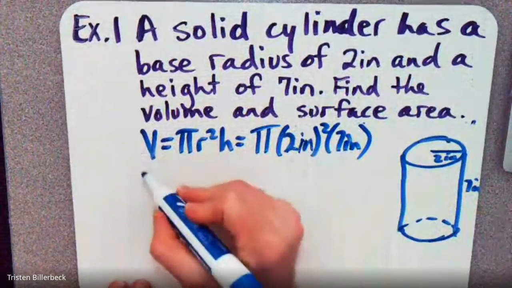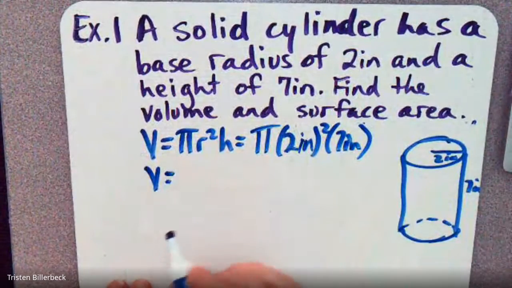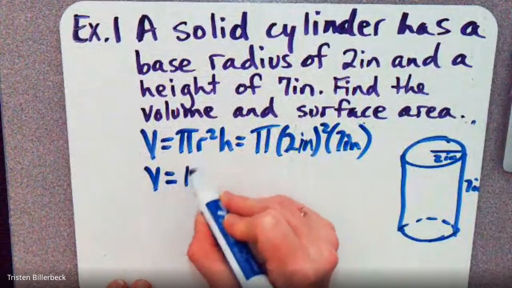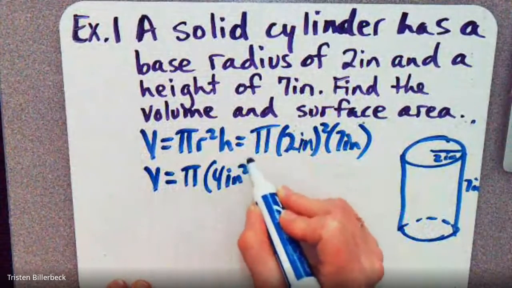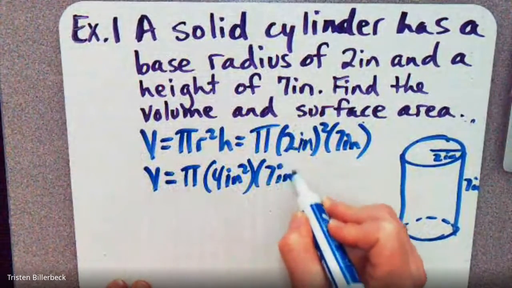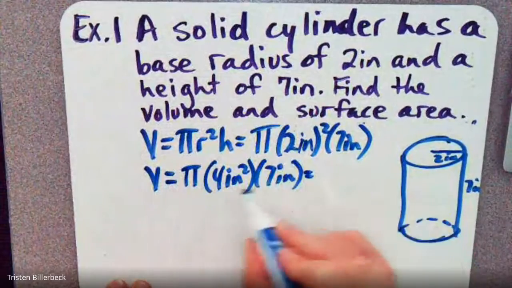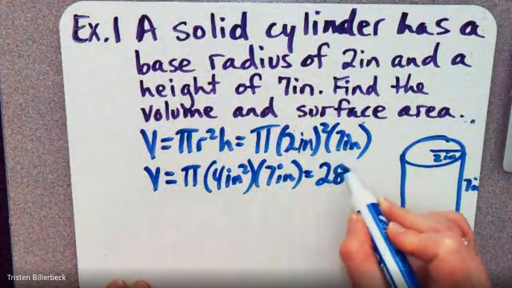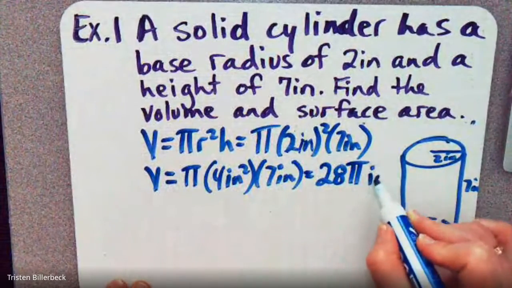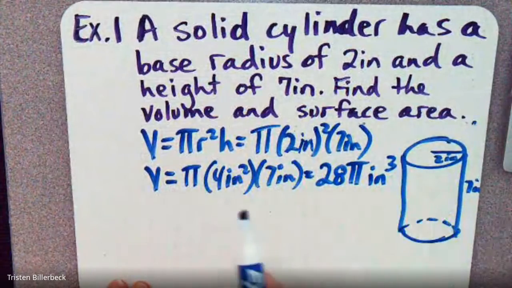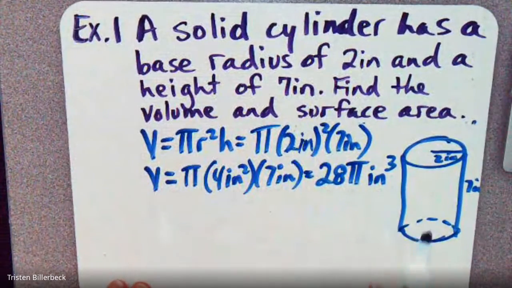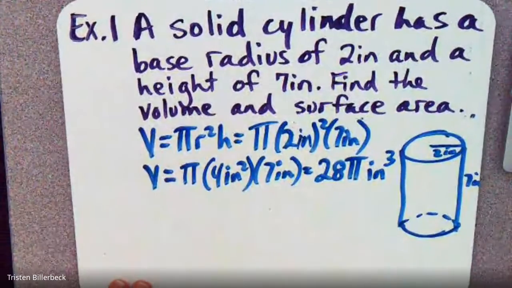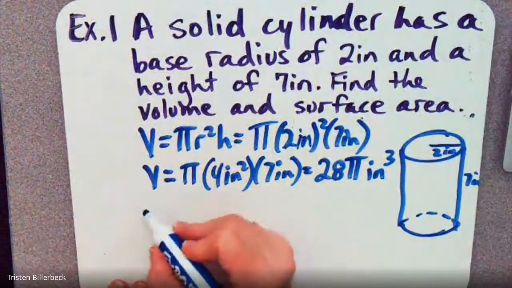So volume equals pi times 4 inches squared times 7 inches. 4 times 7 is 28 pi inches cubed. For volume we have 3-dimensional units, as opposed to surface area.